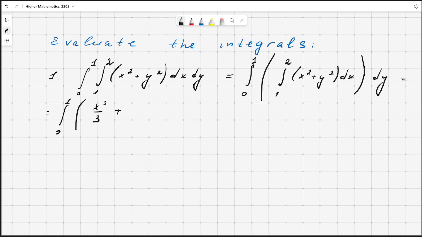Then plus the integral of y squared with respect to x; if we think that y is constant, it is y squared times the integral of dx, which is x. And double substitute from 1 to 2, with respect to y.